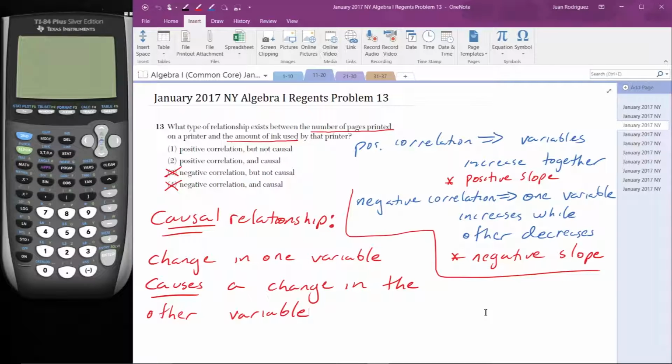Well, the page being printed is what causes the ink to go onto the paper and the ink to be used. So that is in fact a causal relationship. The printing of the page causes the ink to be used. So the answer is positive correlation and causal.